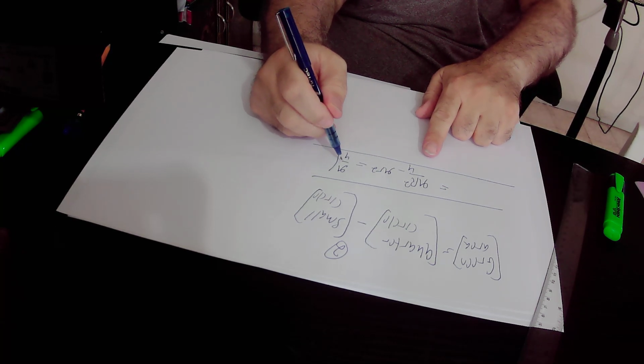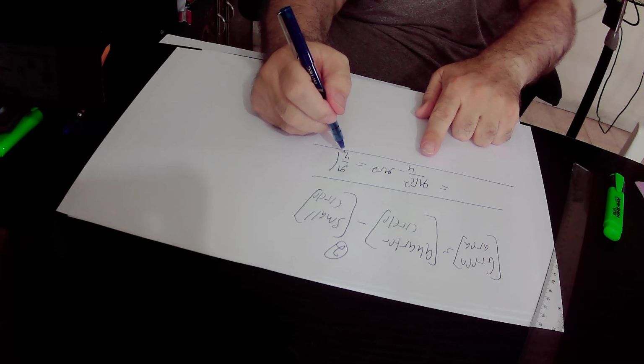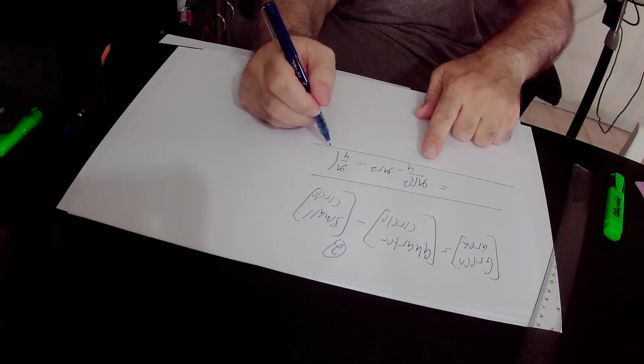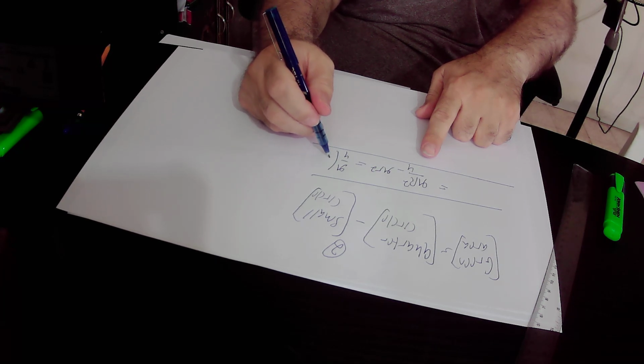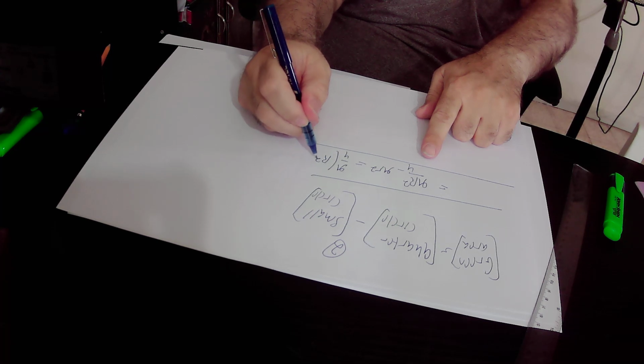What is left from pi R square over 4 is R square.